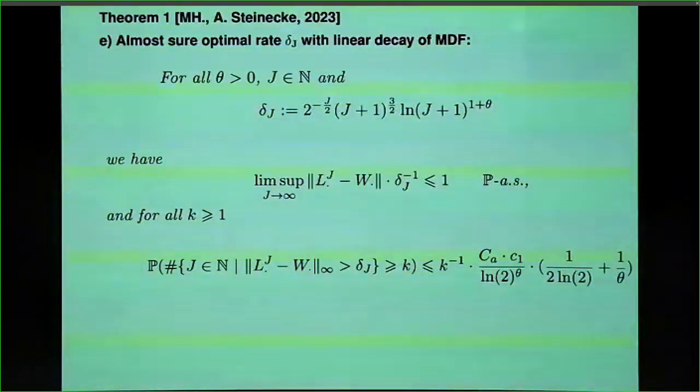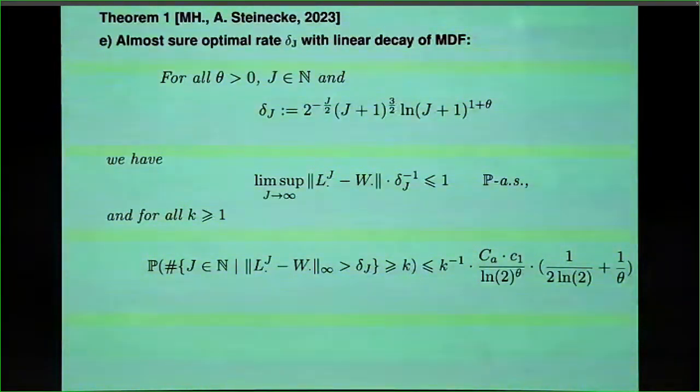So if you have a very good almost sure rate, then you have to take a lot of time until you comply with it. If you have a bad rate, then you might take it immediately. Right? So there's a play between good rates and the times and the frequency of errors which you have to take into account.